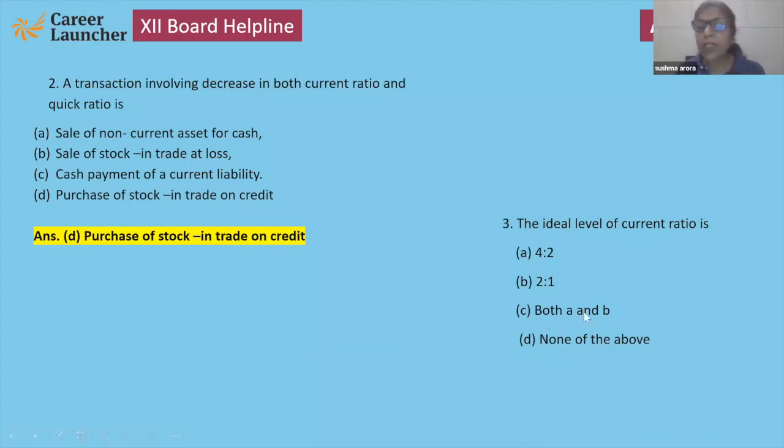Now I am sure that everyone will know the 3rd question: ideal level of current ratio is. What do you think? What should be the answer? Ideal level of current ratio is. If you are thinking 2:1, yes, it is correct.